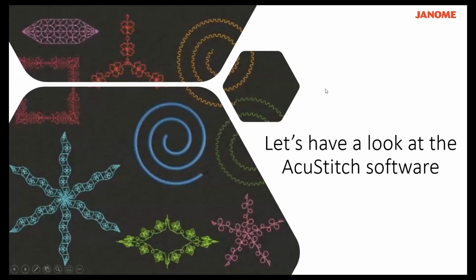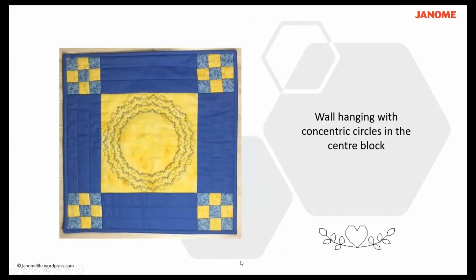So we should be back now to the PowerPoint. Yep, that's correct. Thank you. So here's another design. You can see down in the bottom right hand corner of this heart with like 2 sprays of leaves.